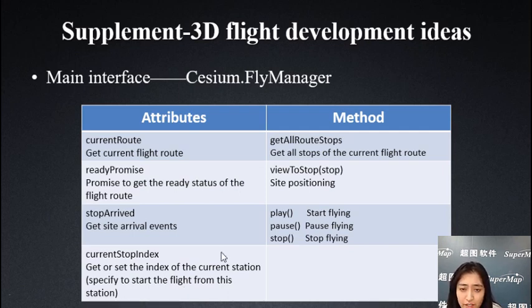So when the first method gets all the sites, you can get the corresponding site using the current stop index, and you can display it according to the view to stop, locate the corresponding site, and directly locate the set location.